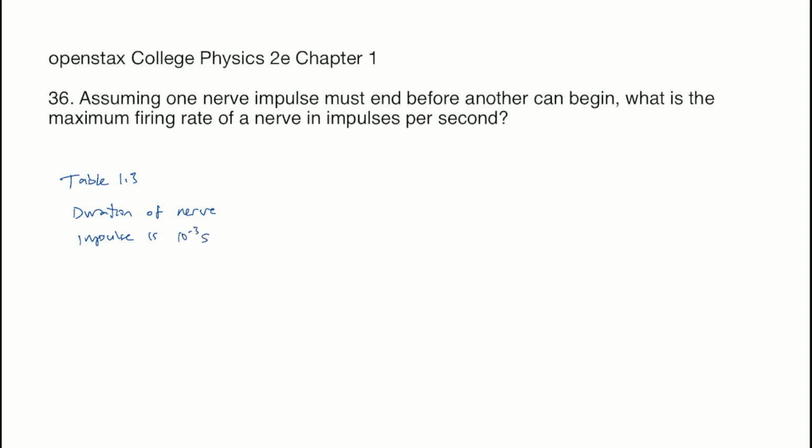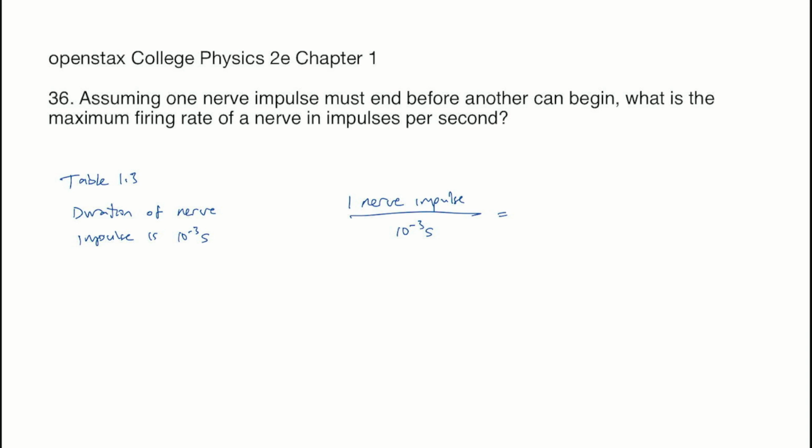So what we can write is that one nerve impulse happens in 10 to the minus 3 seconds. Okay, so we can bring the 10 to the minus 3 up into the numerator. And when we do that, we flip the sign.